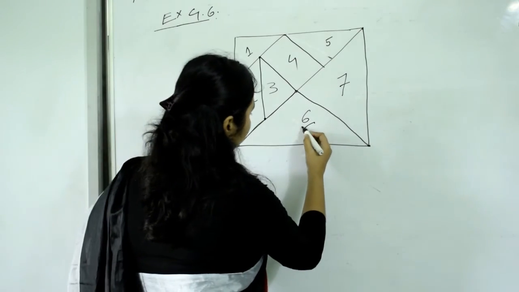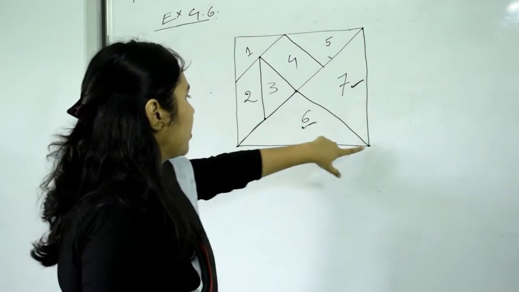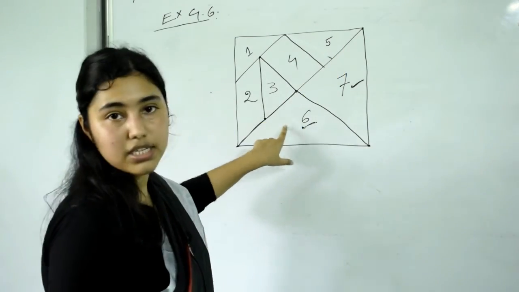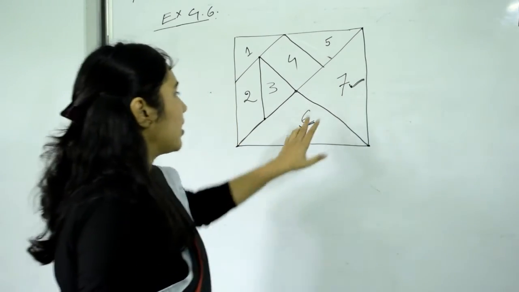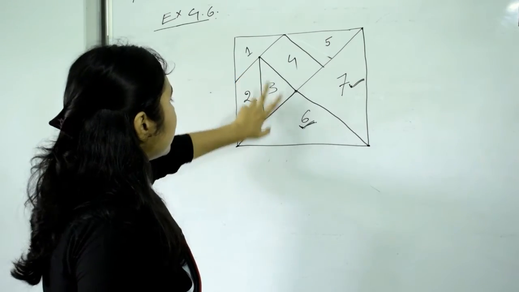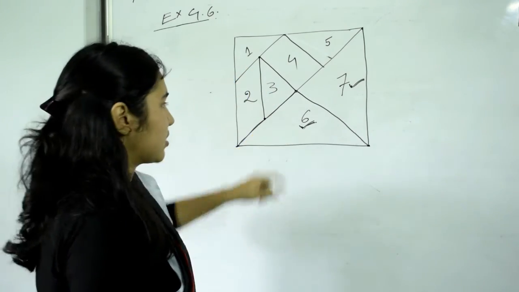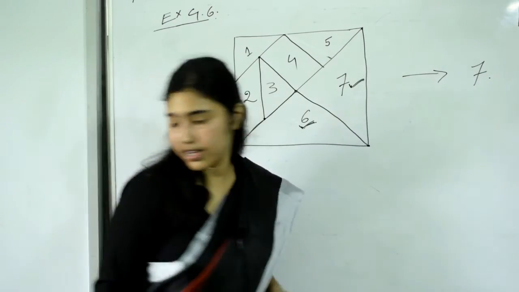But only number 7 is congruent to number 6 because both are equal in size. Number 1 and number 3 are smaller than number 6. So our first answer is number 7.